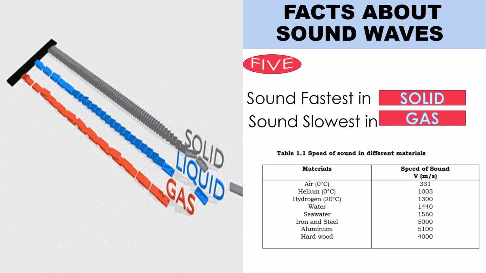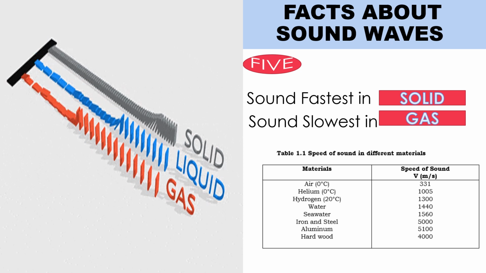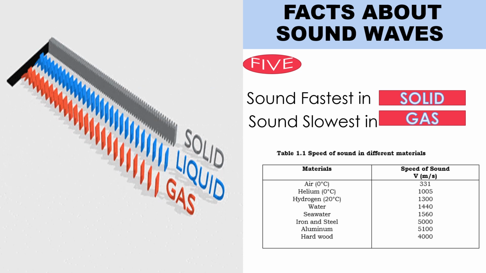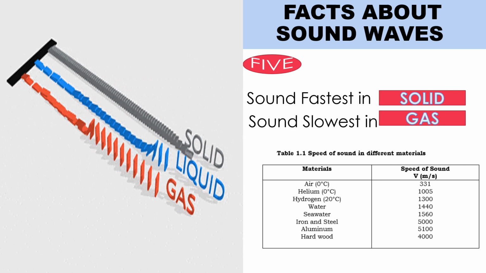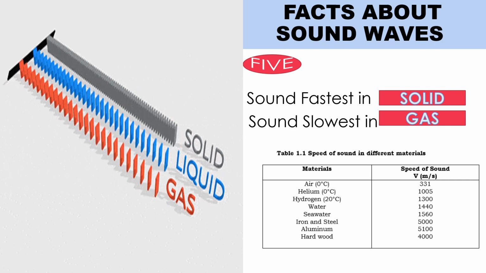So, in it, sound travels faster. Which is the lowest? That will be 331. Okay, 331 is the air at 0 degrees Celsius. So from this chart, we can say that sound travels fastest in solid, which is aluminum, and slowest in gas, which is the air.